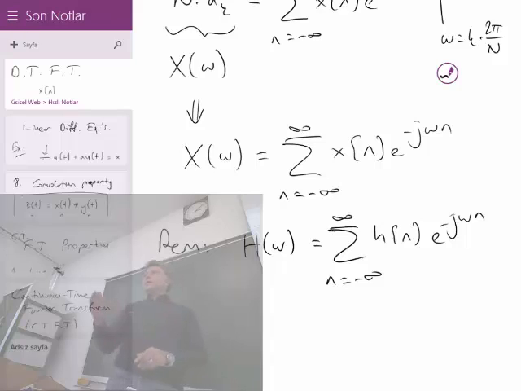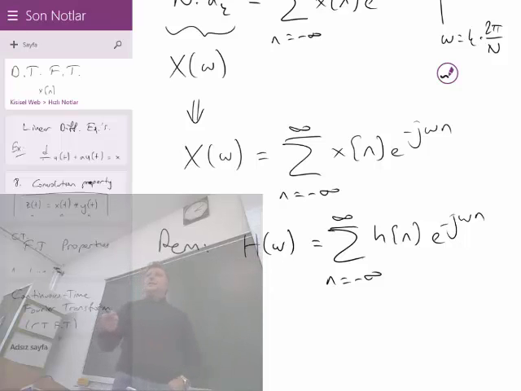This was a formula that I gave you already while we were covering the Fourier series representation. And you had to use it in order to find the output of the system. If the input is this discrete time periodic signal, what are the Fourier coefficients of the output? Do you remember how to do it? It was like this. And if you don't remember it, please check back your notes and you will see this formula.